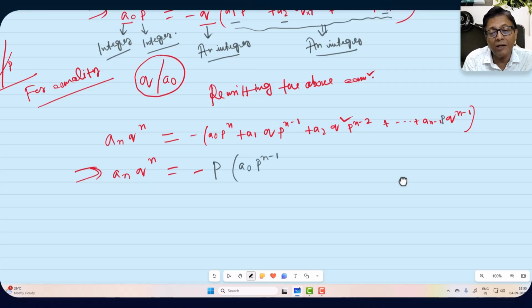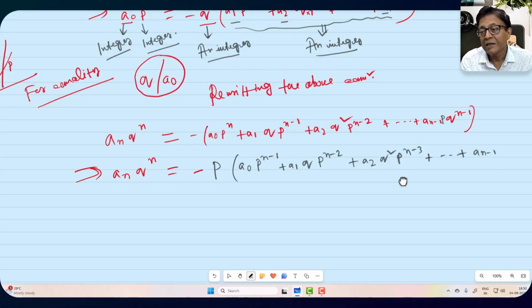By keeping p outside, what you get? A0 p to the power n minus 1, A1 q, A2, and so on up to an q to the power n minus 1.